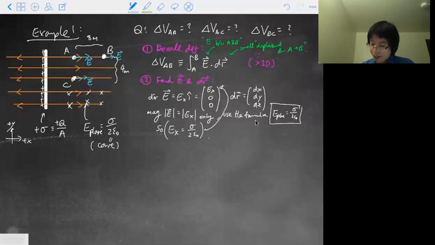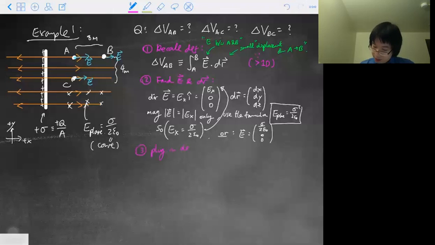If you like, you can put everything together and write E, but this is too much writing for now. We'll just work with Ex, and at the end we'll plug this in. Now you just plug it into the definition, and solve.